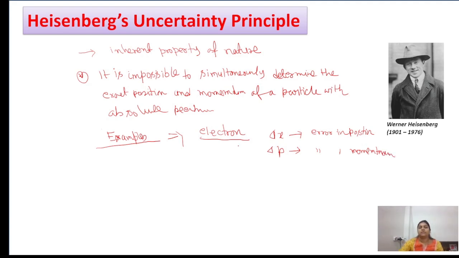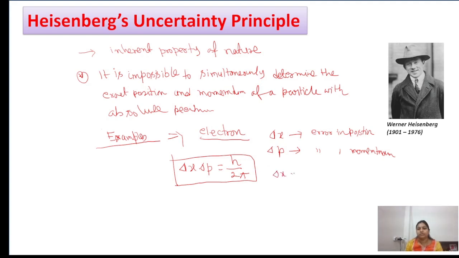These quantities are related as delta x into delta p equals h divided by 2 pi. So this product of two errors is approximately of the order of Planck's constant.